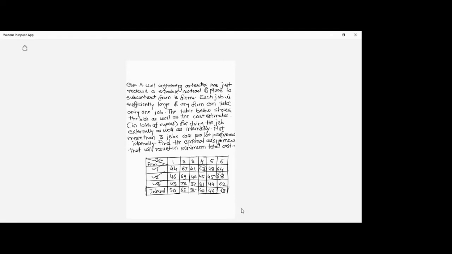So 3 jobs are to be given to 3 firms, and here you will have to understand that not more than 3 jobs are to be done internally, right? So 3 can be done internally, and the rest 3 can be done by firms 1, 2, and 3.